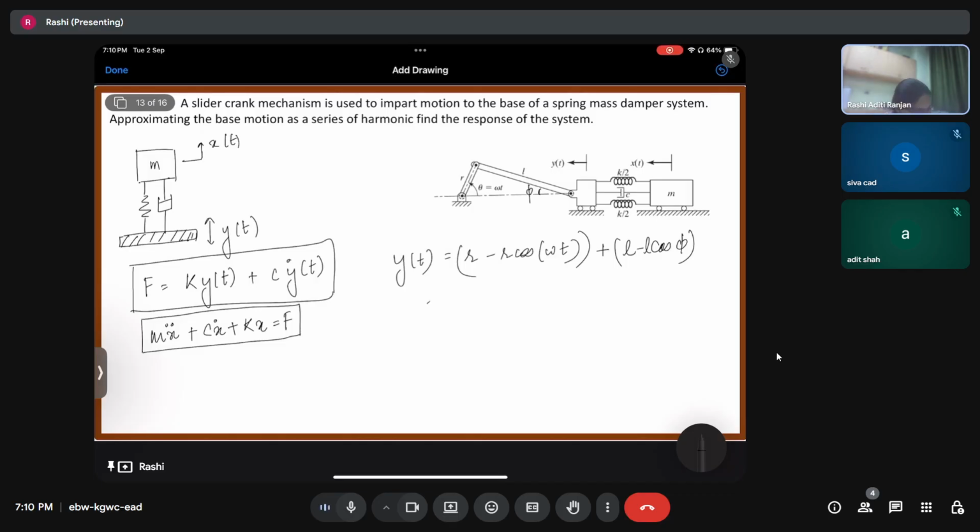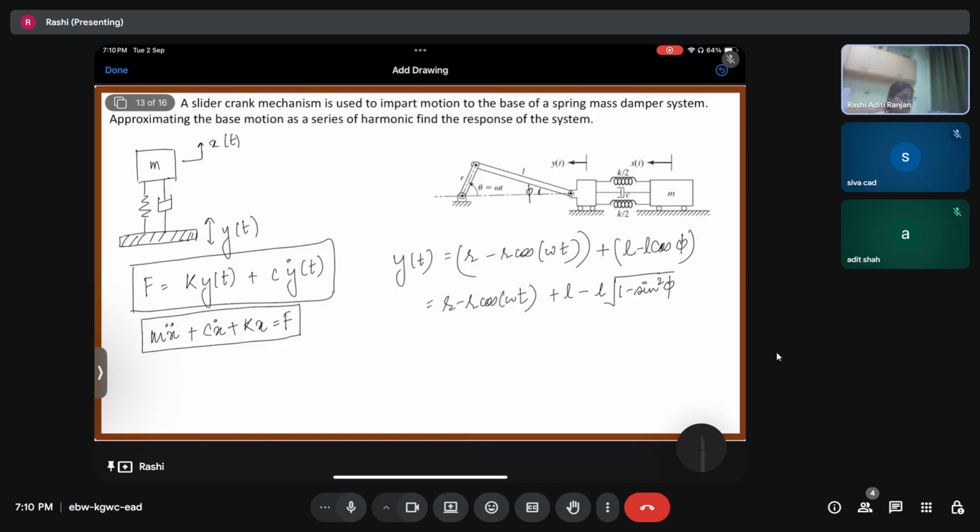So this can be written as r minus r cos of omega t plus L minus L under root of 1 minus sine square phi.